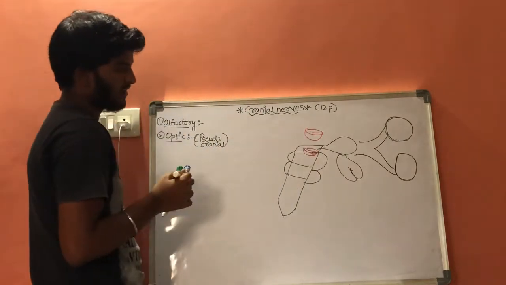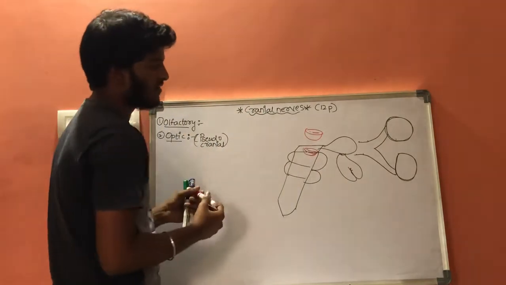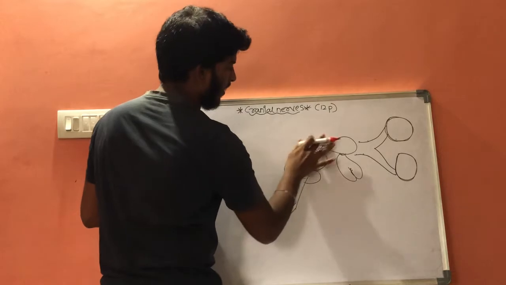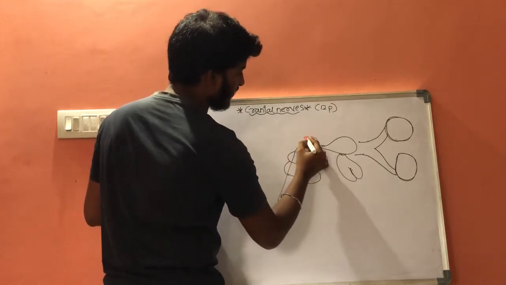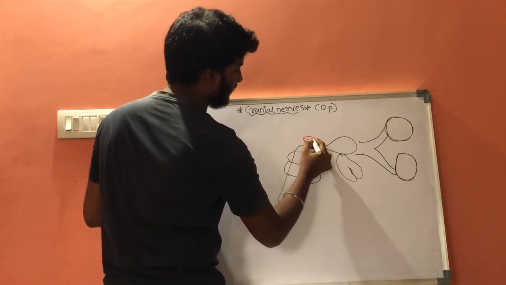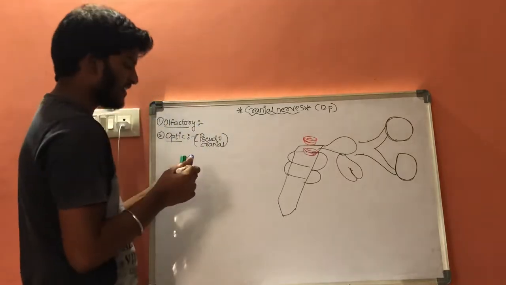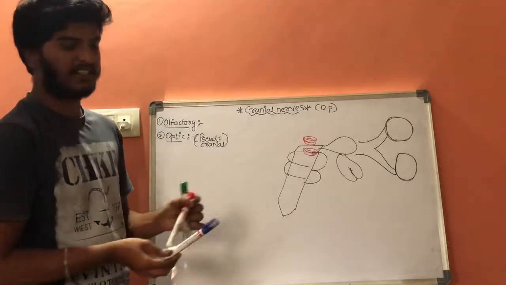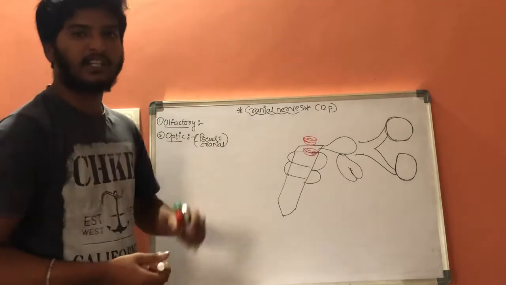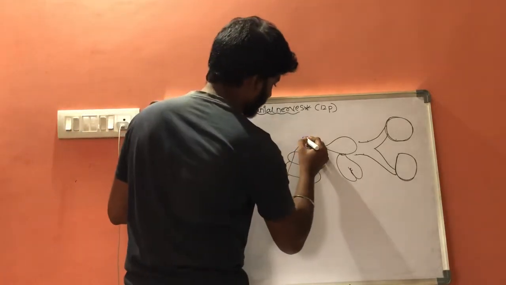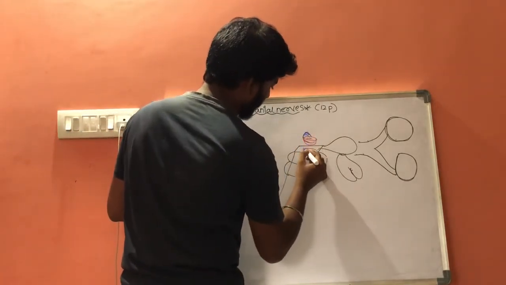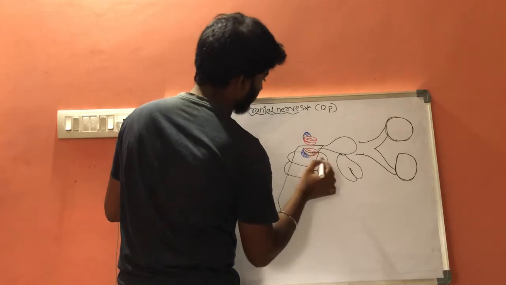These are the two thalamus. Now on the lateral sides of the thalamus, it consists of a special structure that is called lateral geniculate bodies. These are lateral geniculate bodies.